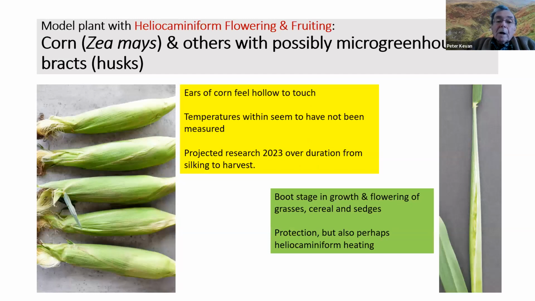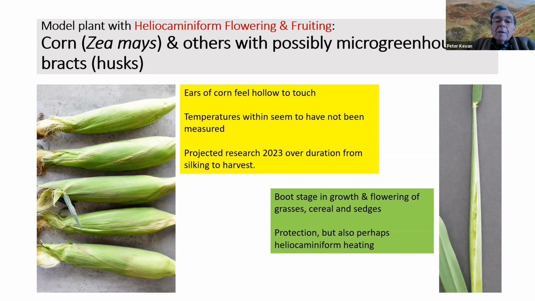Next. One of the things that struck us as we were doing our review, there are some things that haven't really been paid much attention to. And as we know, when ears of corn are starting to mature on the corn stalk, you can sort of feel them with your fingers, and they feel hollow to touch.